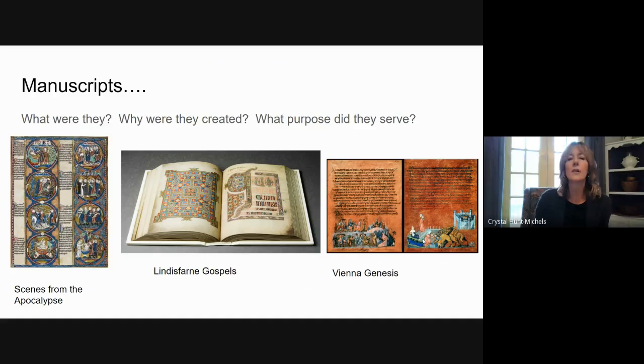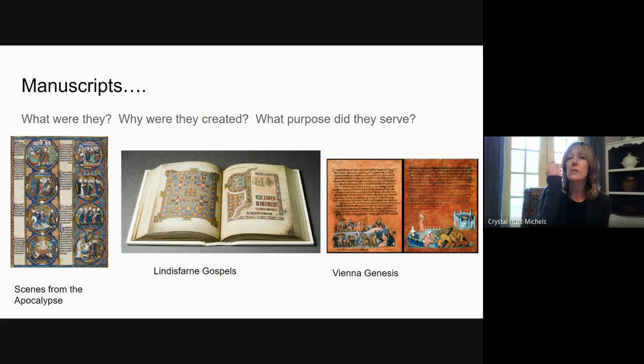So every single manuscript that we've been looking at thus far is one of a kind. It is a work of art, created by a trained artist, oftentimes a monk.